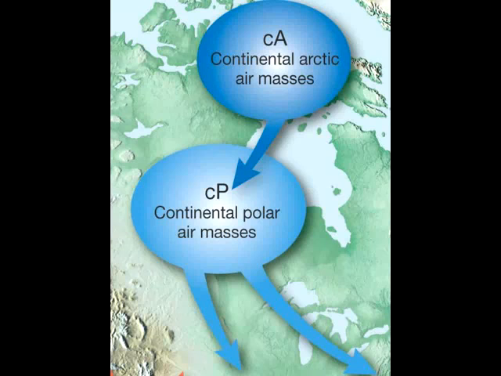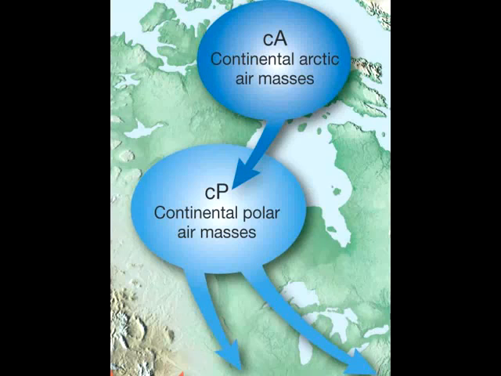CP and CA air masses carry cold, dry weather southward into the United States. They are typically associated with cold waves, polar outbreaks, and a phenomenon that is called the Siberian Express, which causes crop damage even in southern Florida.